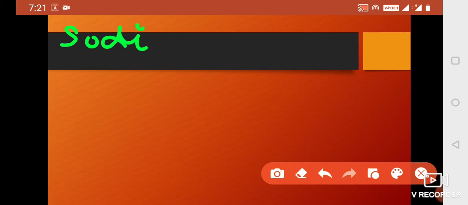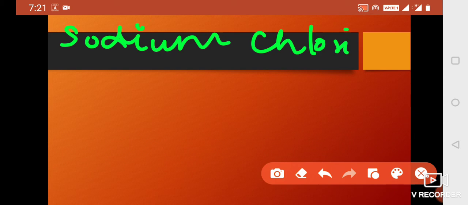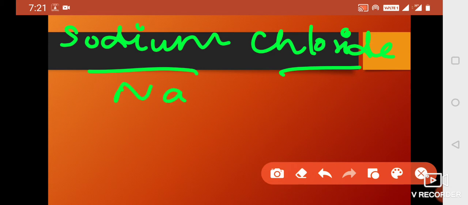First of all we will do sodium chloride. The sodium symbol is Na, and the chloride symbol is Cl. First step, symbols, done.